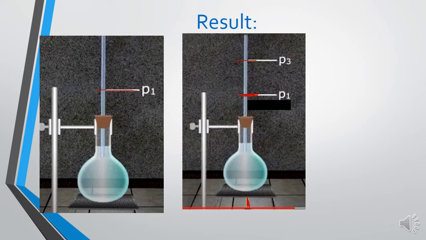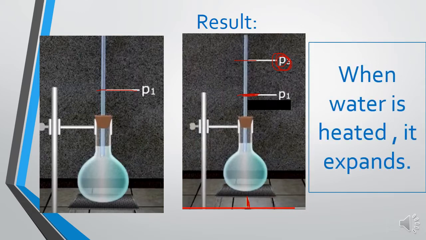As we see, the level of water increases. So as we heat the water, or when water is heated, it expands. Expands means it takes more space, because the water cannot take the space from here and from here.